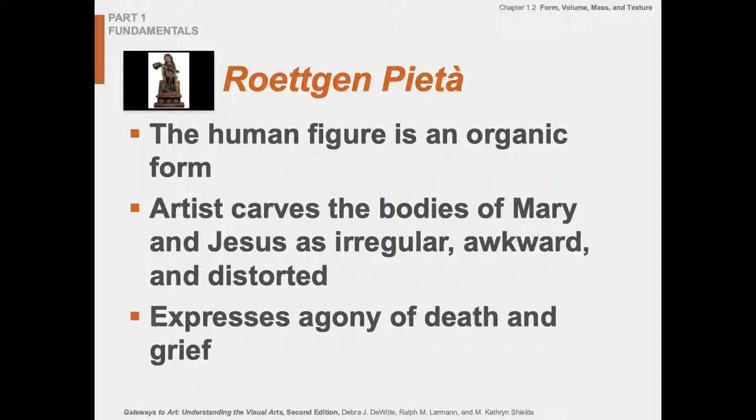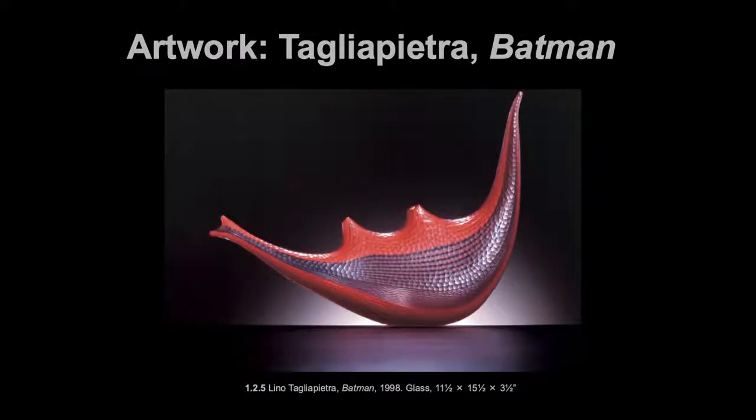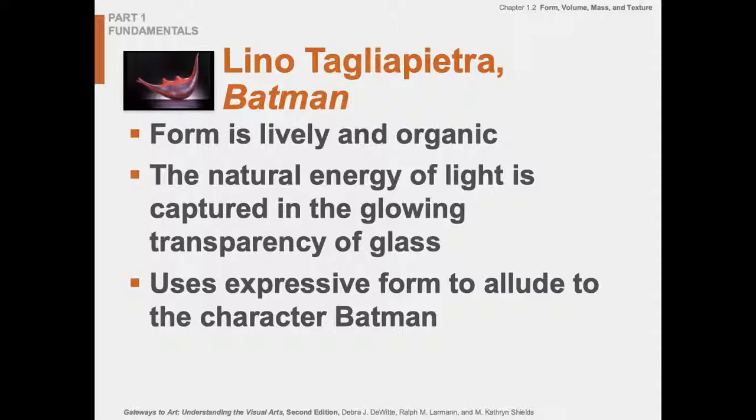So again, the artist is carving the body of Mary and Jesus. Irregular and awkward. Another organic piece that we're going to look at. Batman, which I think is kind of funny. I don't know if this artist just sort of made this piece and called it that. It's kind of amusing. So it's an organic piece.